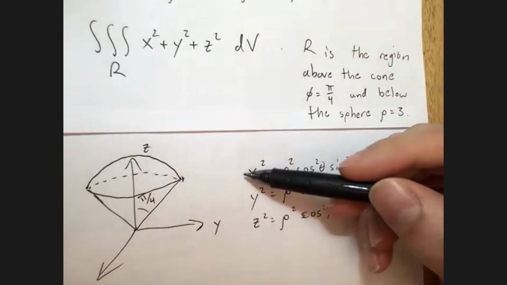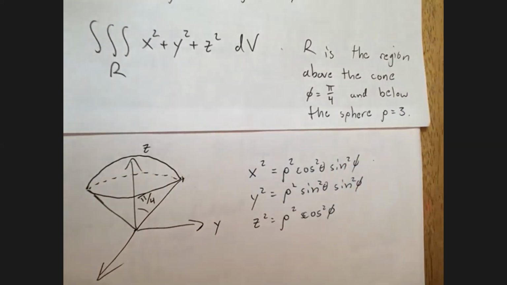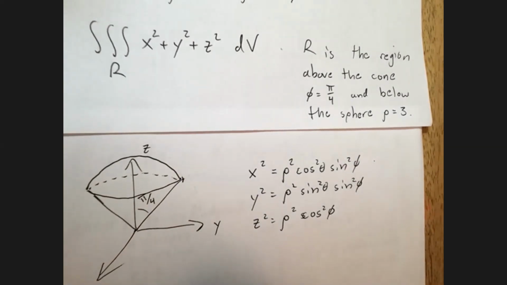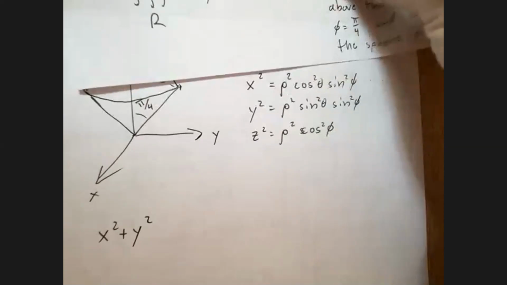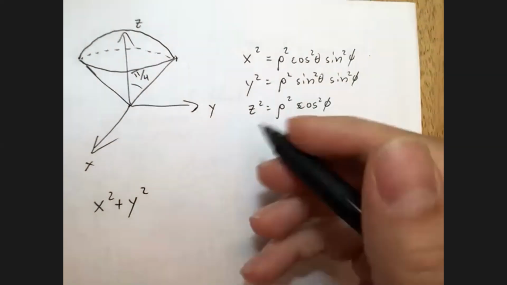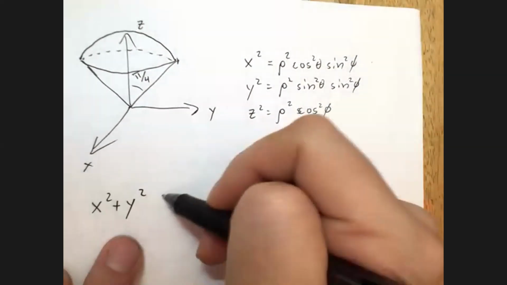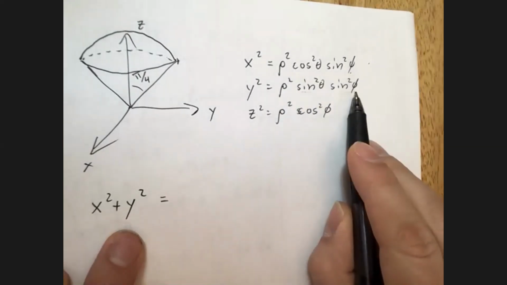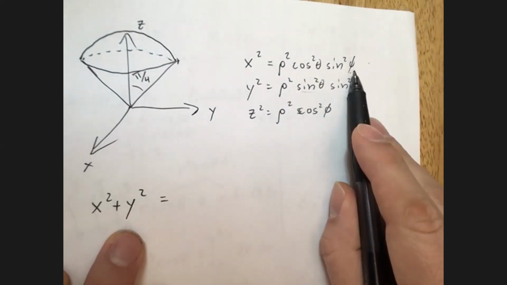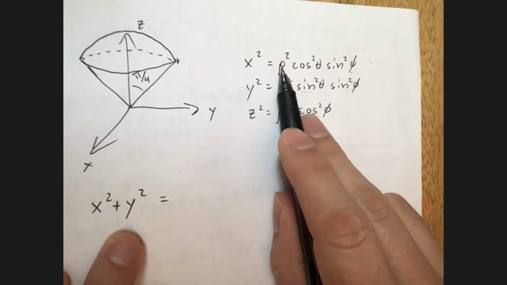Okay, what happens when I add the first two together? When I look at just x squared plus y squared, I get this plus this. Notice they both have a sine squared phi in them, and they both have a rho squared, so I can factor that out.